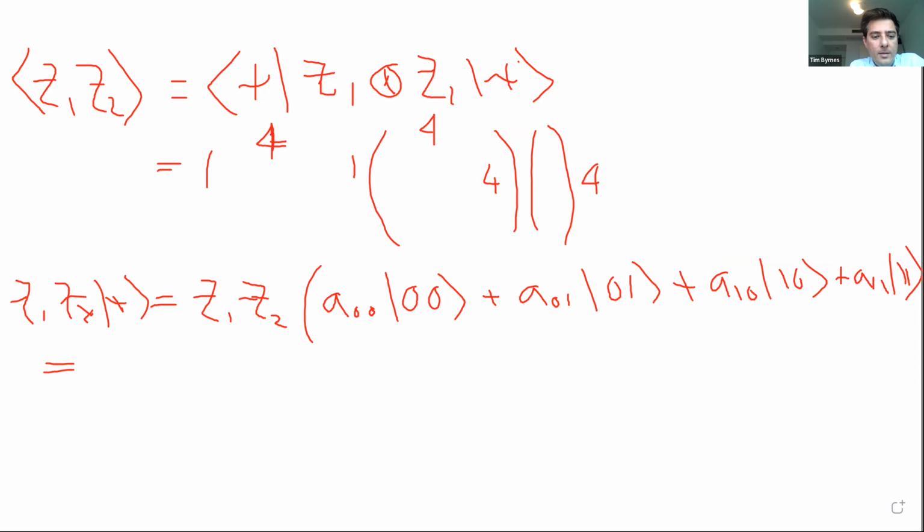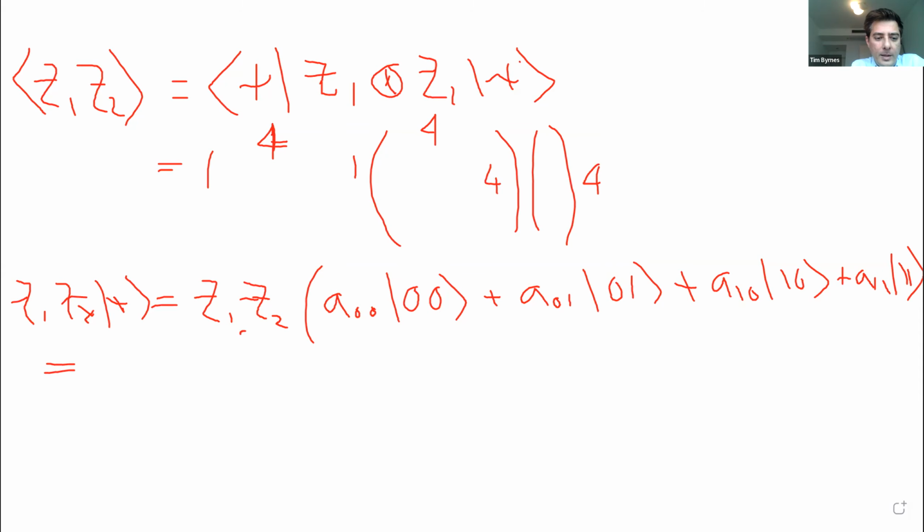Remember I've omitted the tensor product. For example here, what I really mean is Z1 tensor product Z2, and what I mean here is 0 tensor product 0.